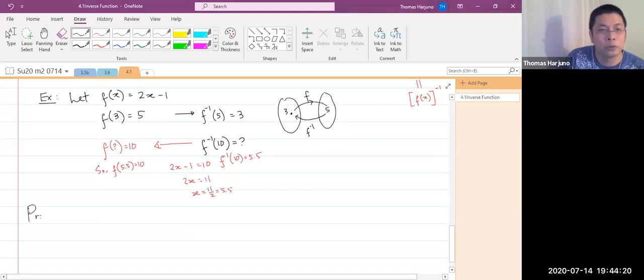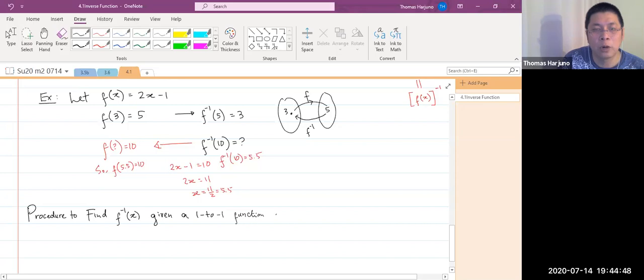Procedure to find inverse function f inverse x, if you give me a one-to-one function f(x).